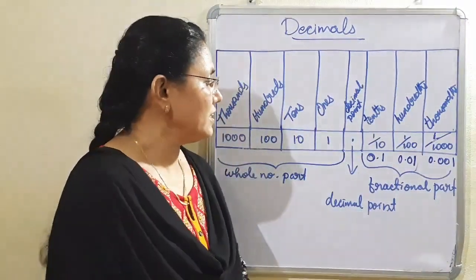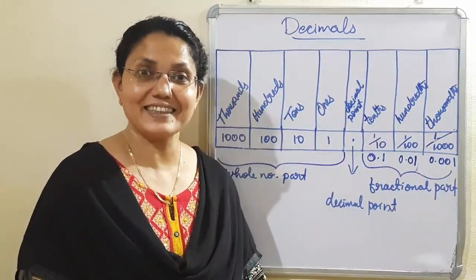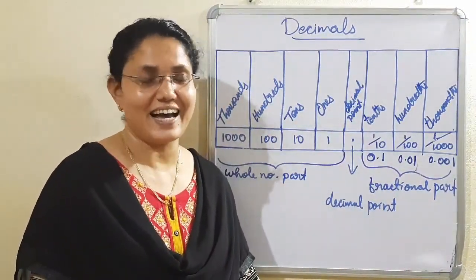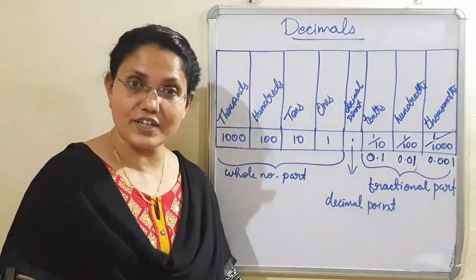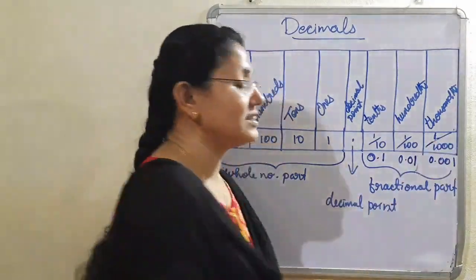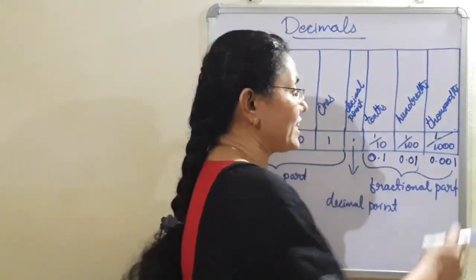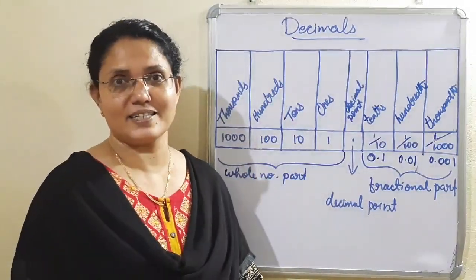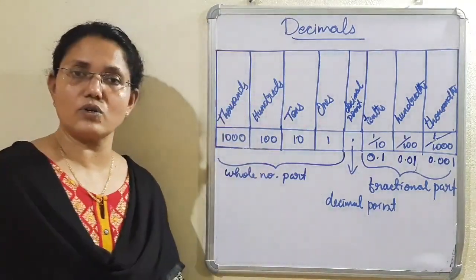Dear children, after the decimal point, the places are tenths, hundredths and thousandths. Tenths means out of 10, hundredths means out of 100, and thousandths means out of 1000. We are writing this fractional part as a decimal number.